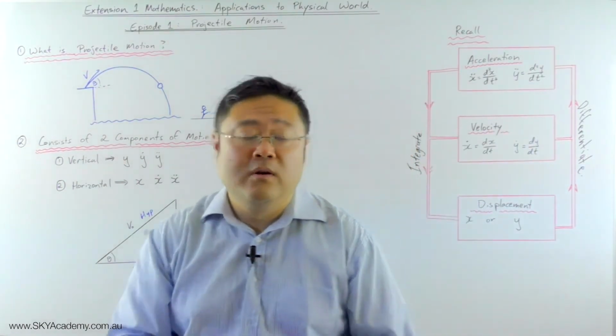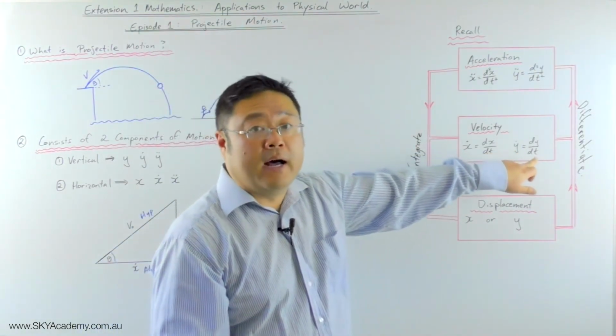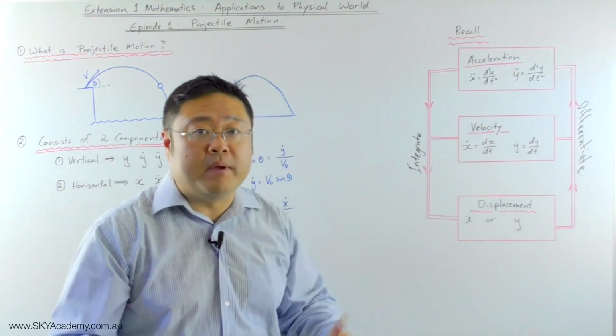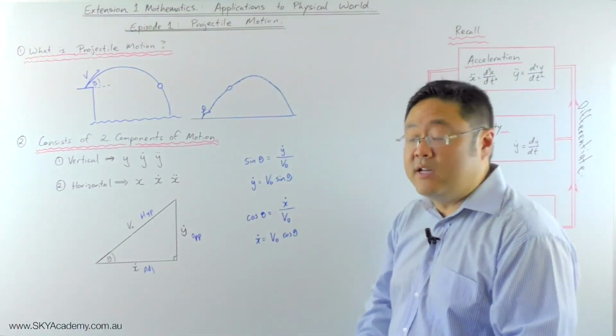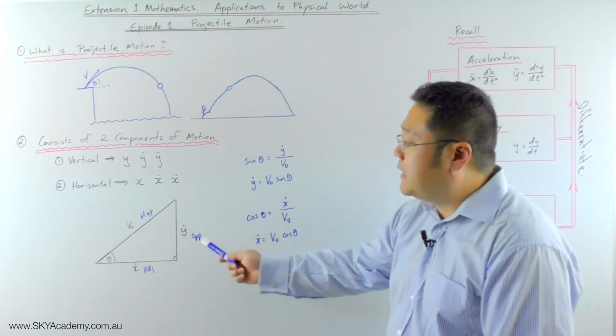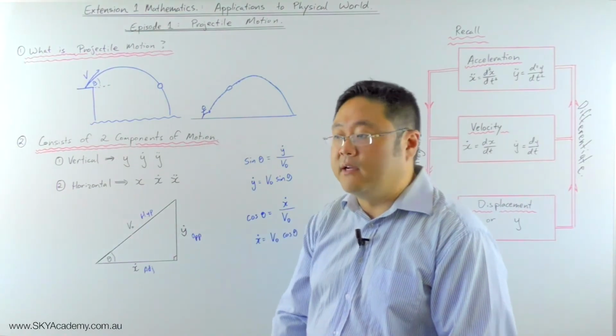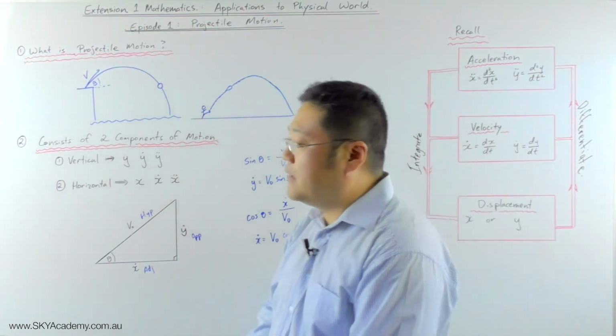So now we've been able to work out what these two are at time equals 0, at the initial conditions, given our initial velocity and our angle. Let me just write that down.